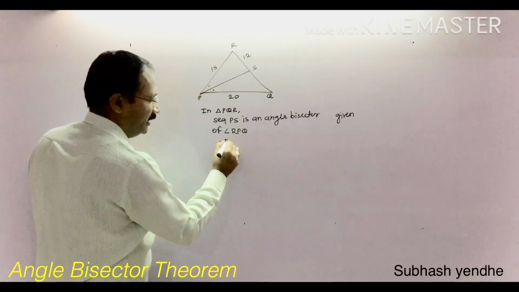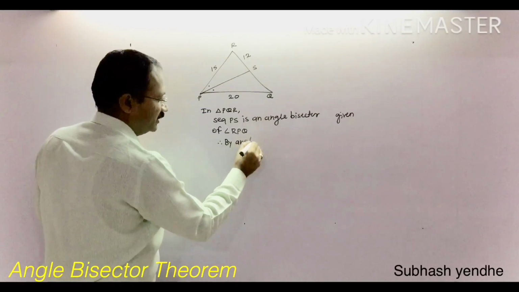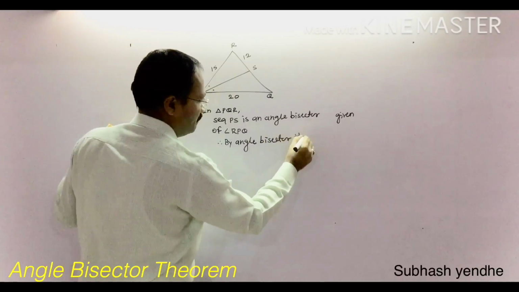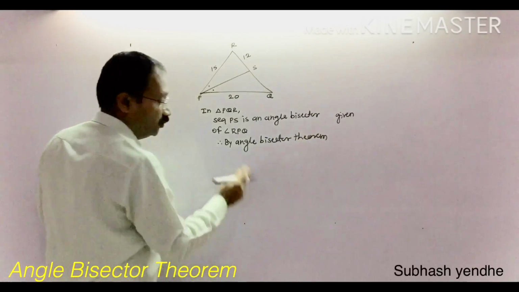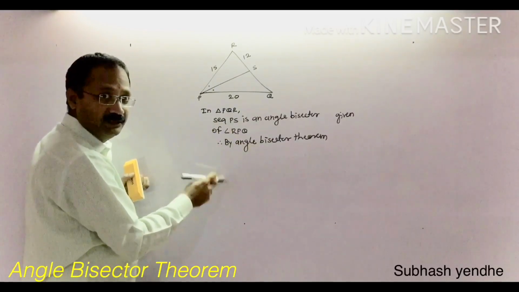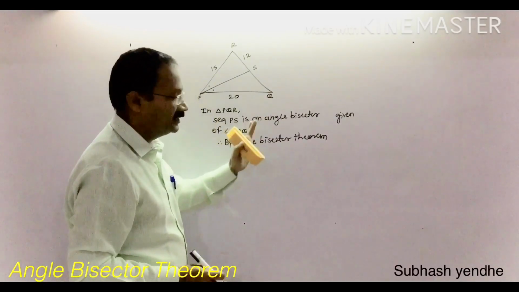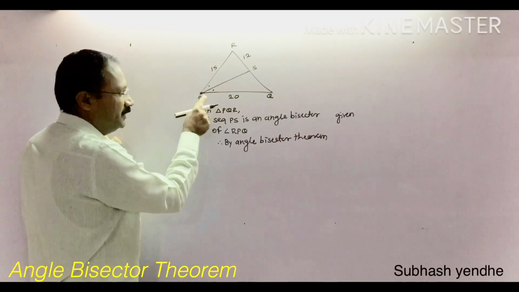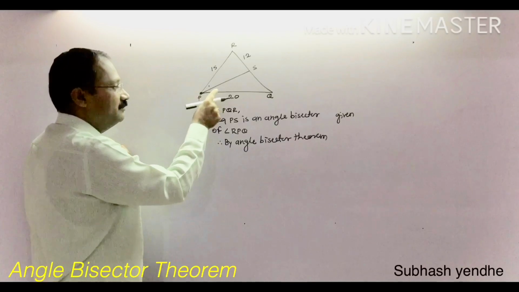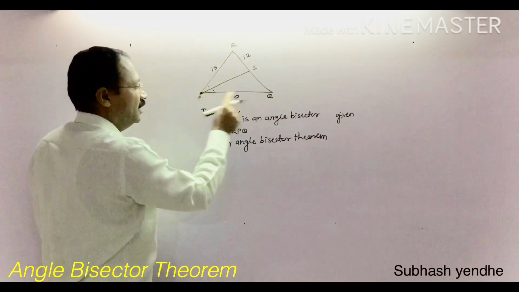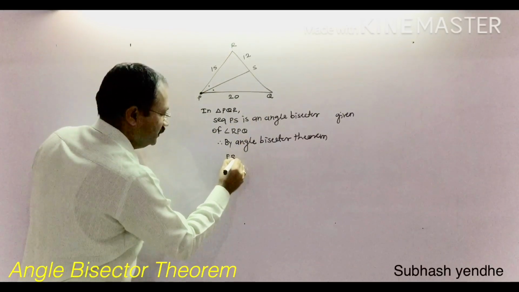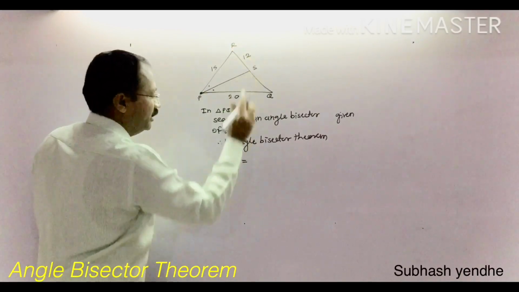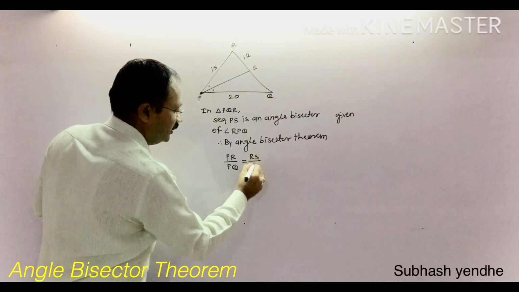Therefore, by angle bisector theorem, don't write the shortcut ABT. You have to write angle bisector theorem. You have to start from point P. Why? Because there is an angle bisector. So PR upon PQ equals RS upon SQ.